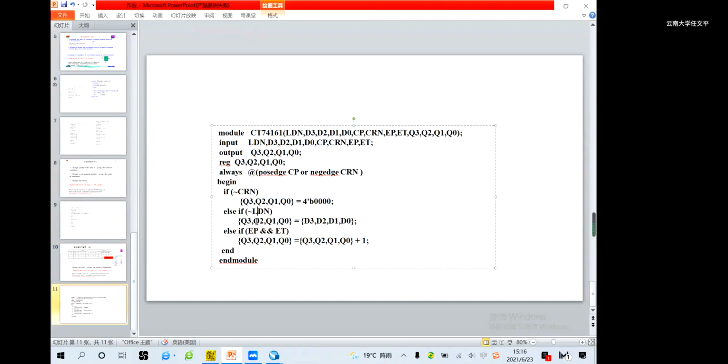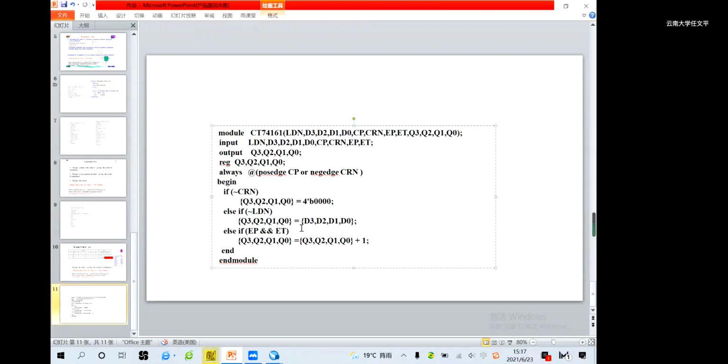When it is a low level, the input data is put to the output signal. When EP and ET are true, the output starts counting.